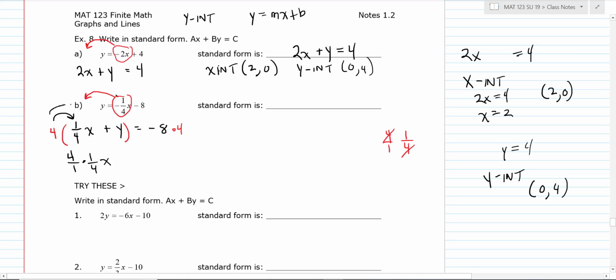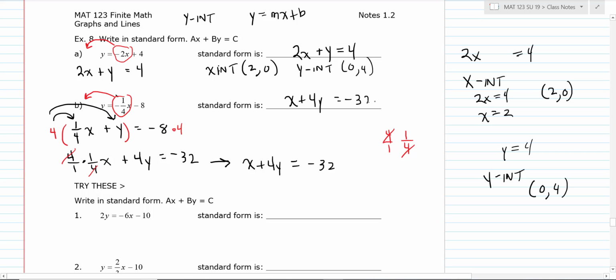Be sure you distribute through everything, so plus 4y. And this side is, of course, negative 32. What happens is that crosses out, and what that leaves you with is x plus 4y is equal to negative 32.